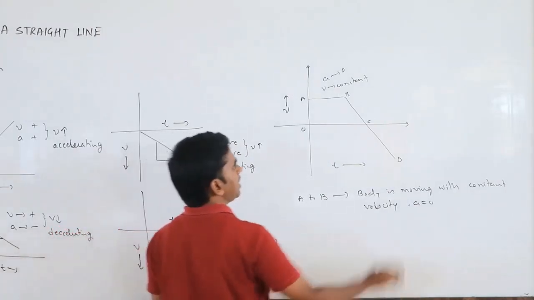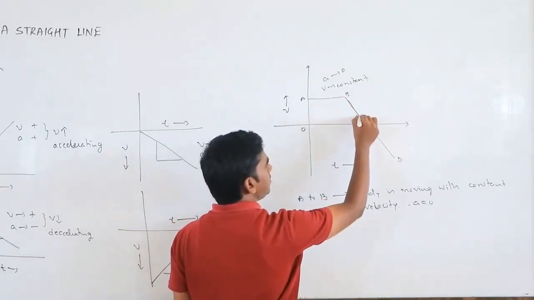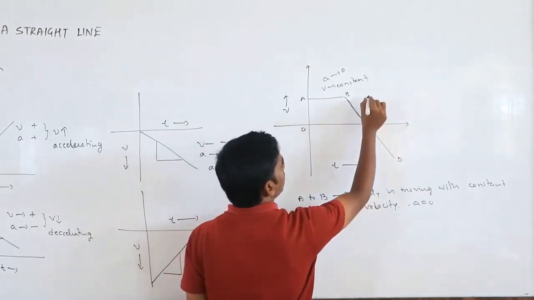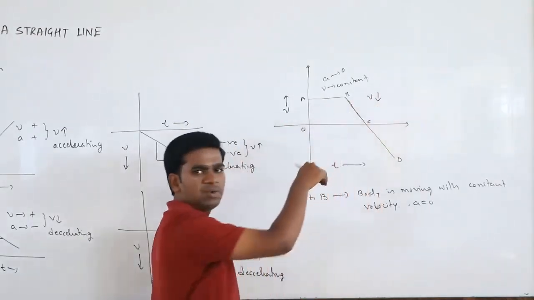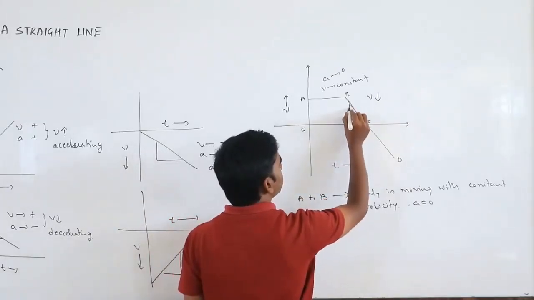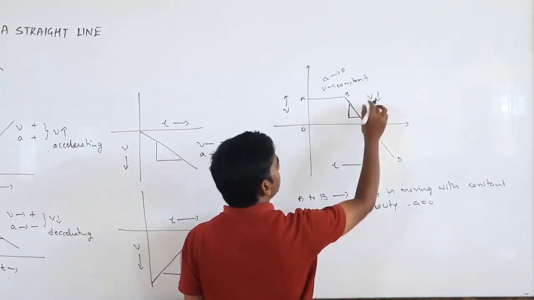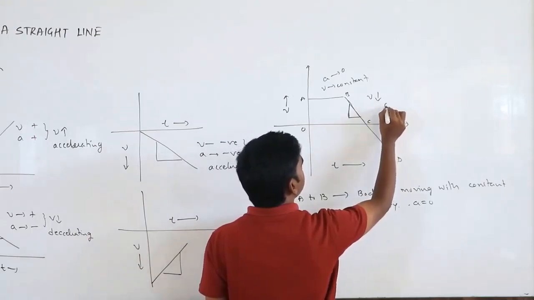Now from B to C, what is happening? If you look at the velocity axis, velocity is decreasing. If you calculate the slope over here, what about acceleration?